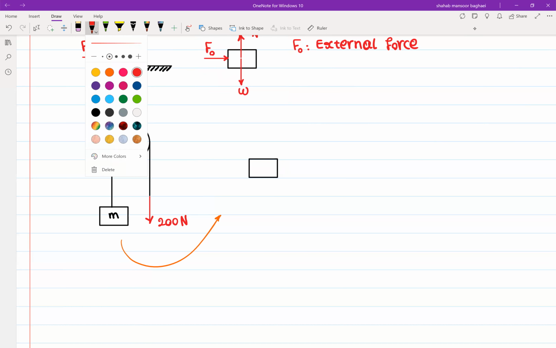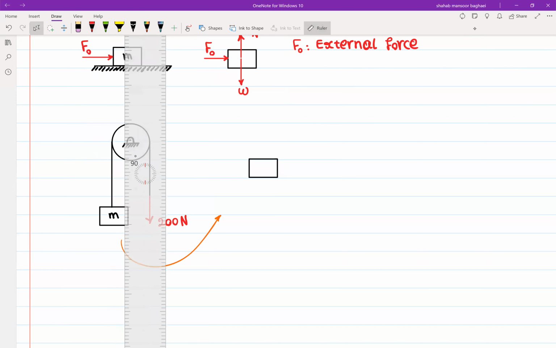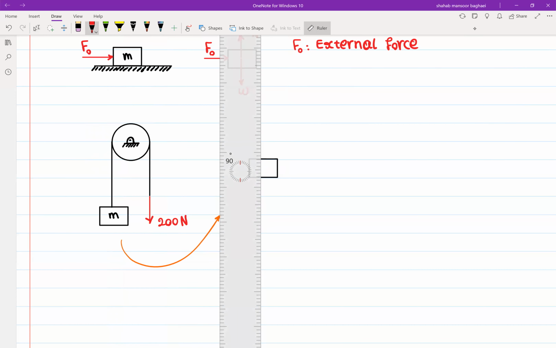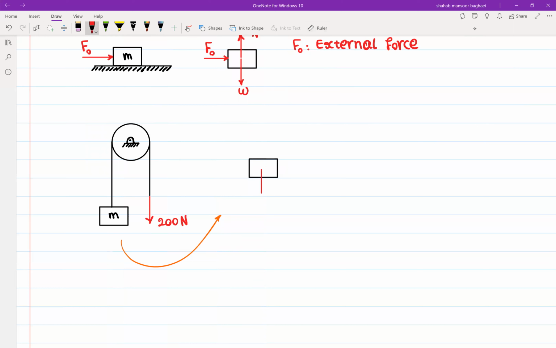Okay, the first one, you know, you have always weight force. Downward, that's W. What is next? Do you agree the cable, which is on the top of the block here, it can generate a force, and this force causes upward motion for the block. The force which is inside the cable, or the force which is inside a string, it is called tension.